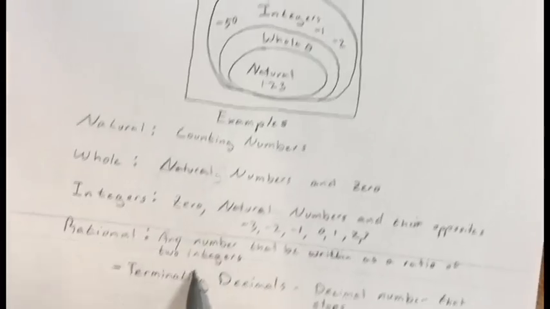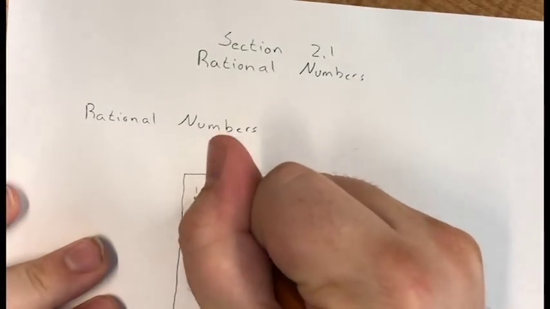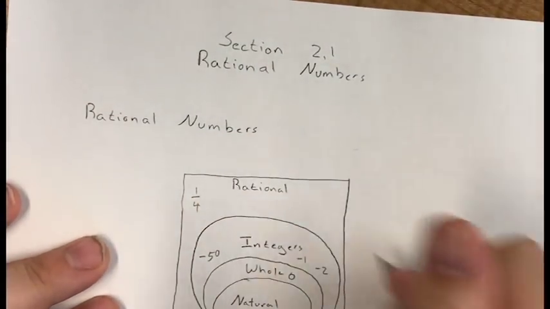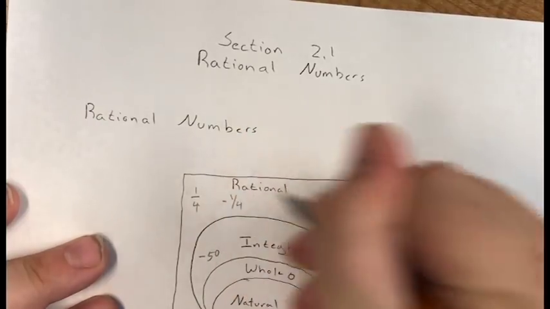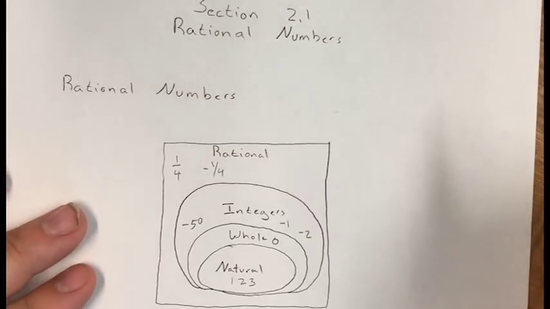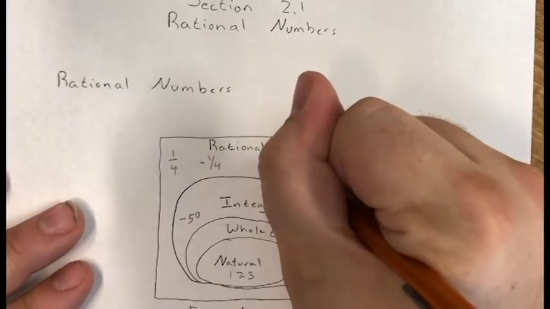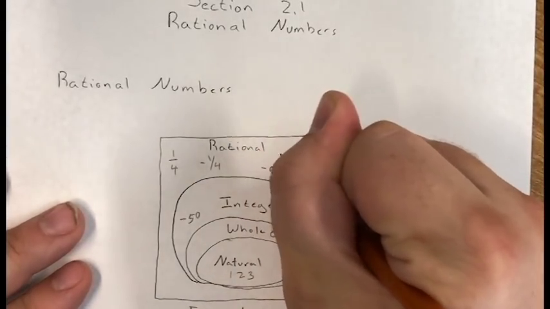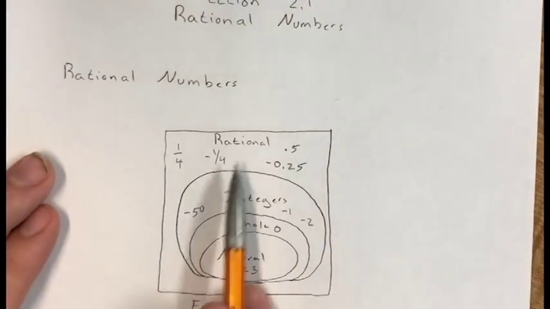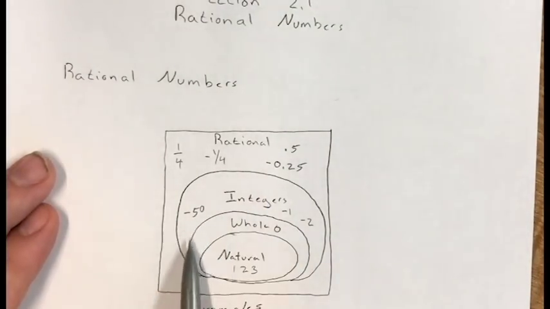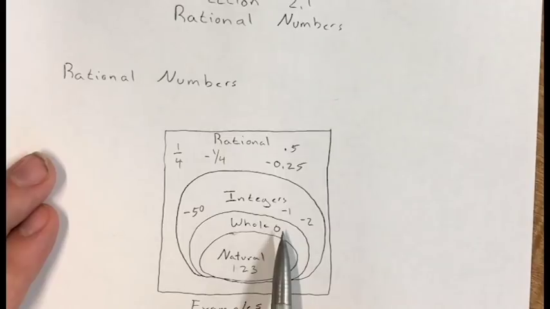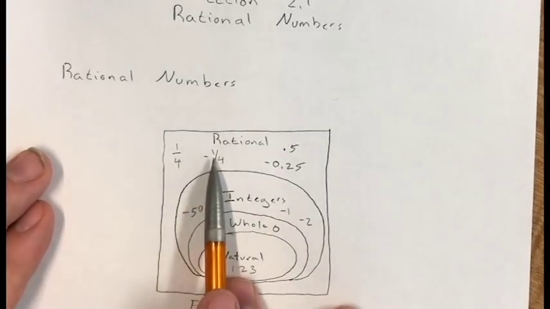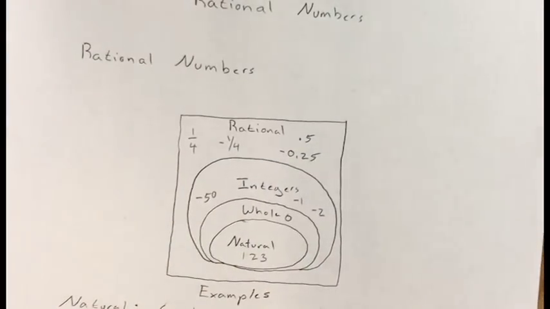Let's make that simple. It includes fractions, 1/4 or -1/4. It also includes decimals, such as 0.5 or -0.25. So rational numbers include all of these things that you already know, but also fractions and decimals.